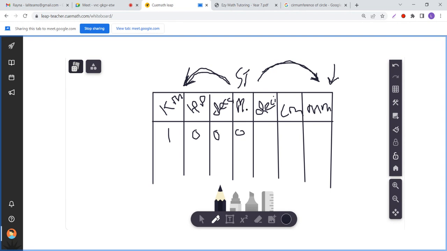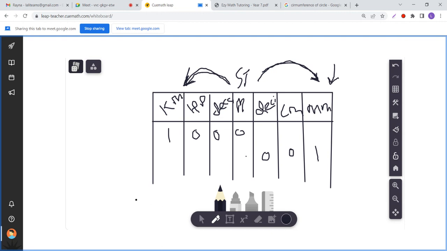I mean 0.001. Now let's see from here, meter. If I need how many millimeters make a meter, I place 1 under millimeter, then 0 for no unit and decimal. That means 1 meter.